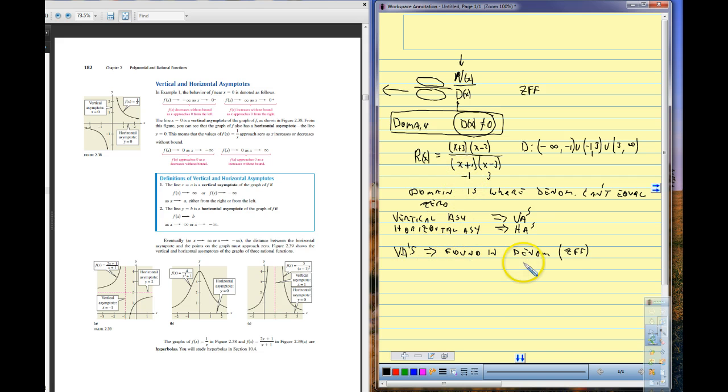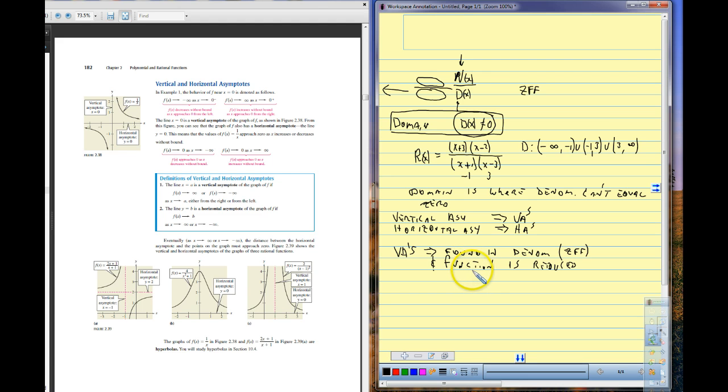A VA is found in the denominator when it's in zero factored form and our function is reduced.